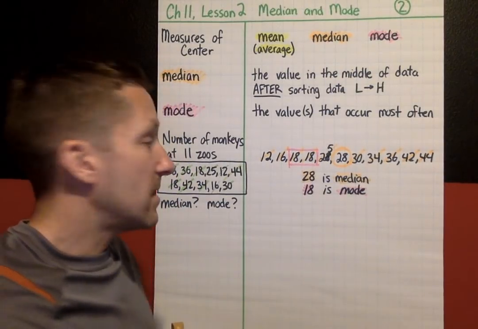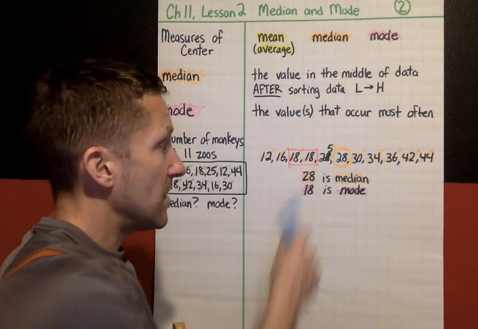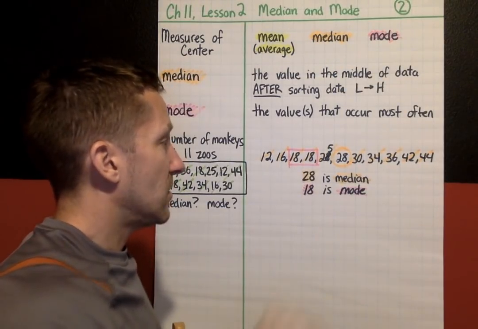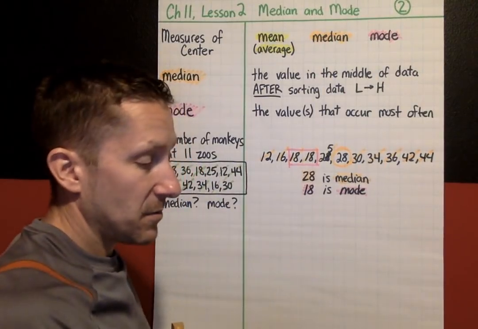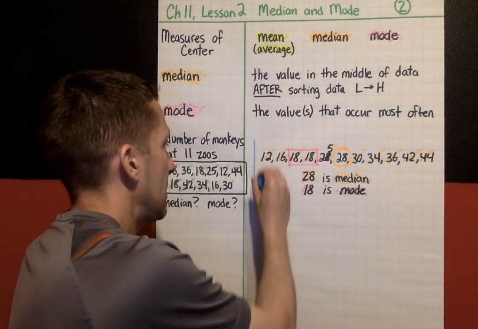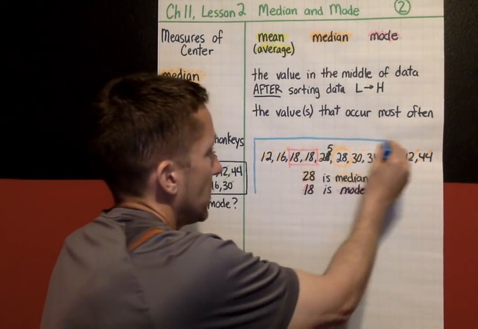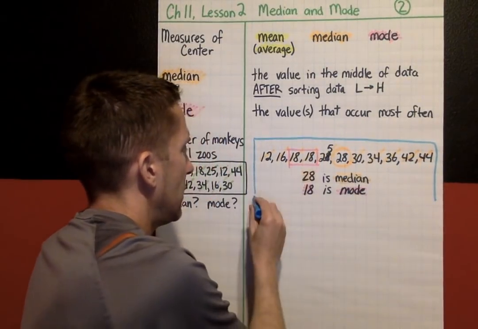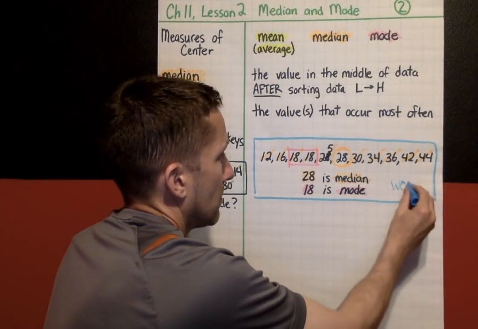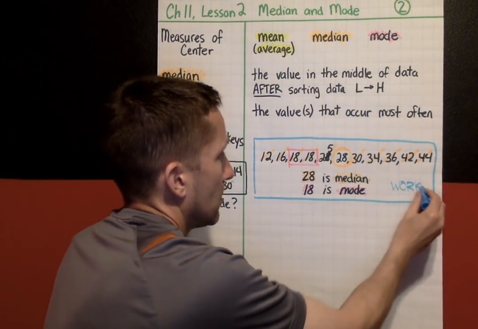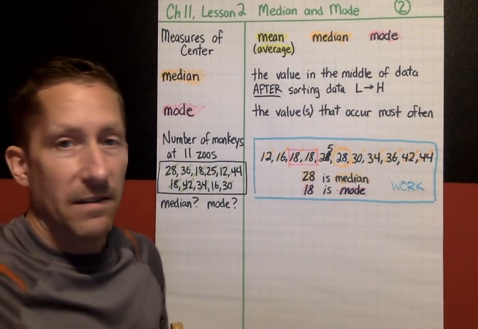That's the number one thing, you're going to miss a number. So double check. If you've got 11 values in your data, you should have 11 values in your work. Okay, work should be looking like this.